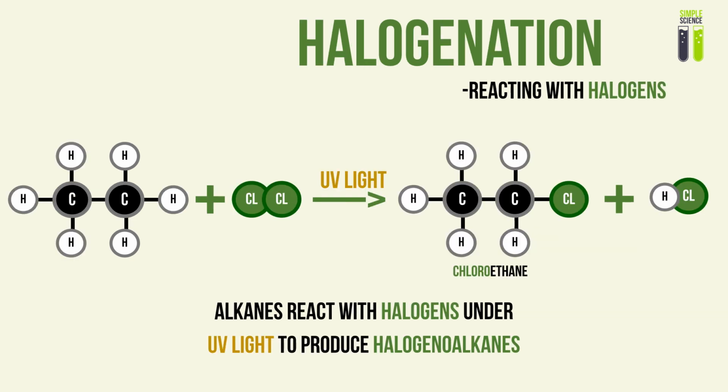Now, the other reaction that alkanes can undergo is known as halogenation, or reacting with halogens, the substitution of a halogen. In this case, we have ethane reacting with the diatomic molecule of chlorine to produce chloroethane and the byproduct hydrogen chloride.